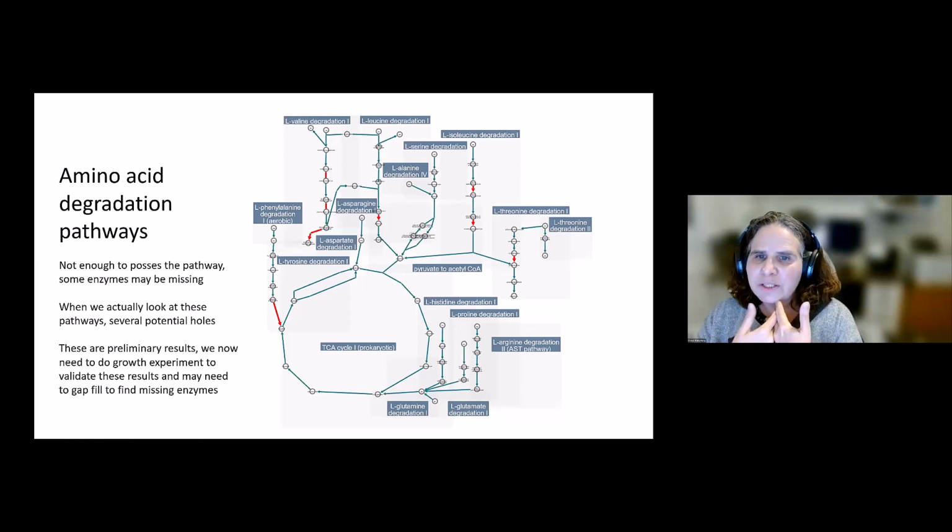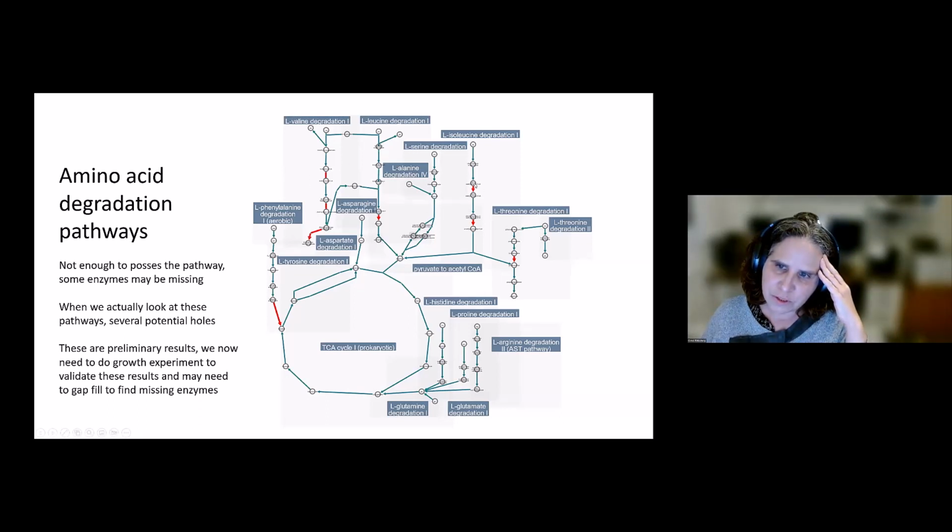But here is something that basically you need to take all of these bioinformatics results with a grain of salt. So we are currently setting up growth experiments to see which of these amino acids can actually be degraded. And then we will work to identify the enzymes to close all of these holes.